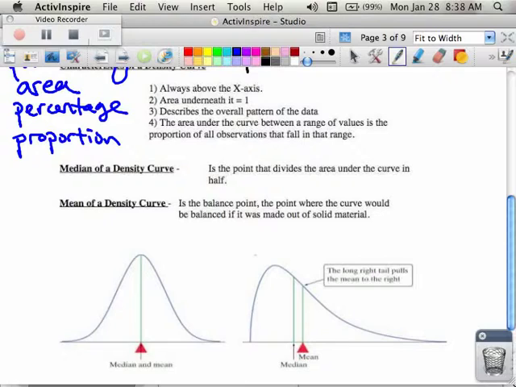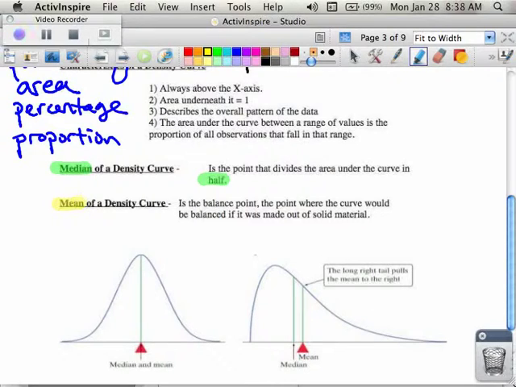Okay, last piece of information for today is how your mean is affected or how it affects something else. So when you look at the median, it's your place that divides the curve exactly in half. Okay, so median, think half. Whereas your mean is the balancing point of your graph.